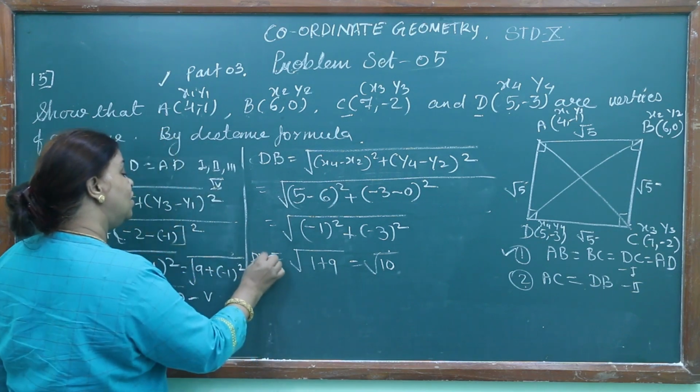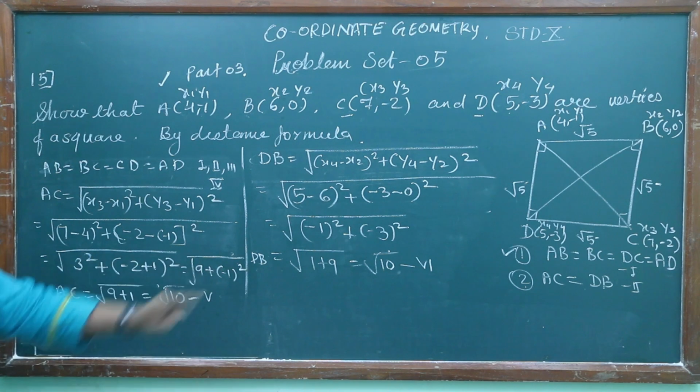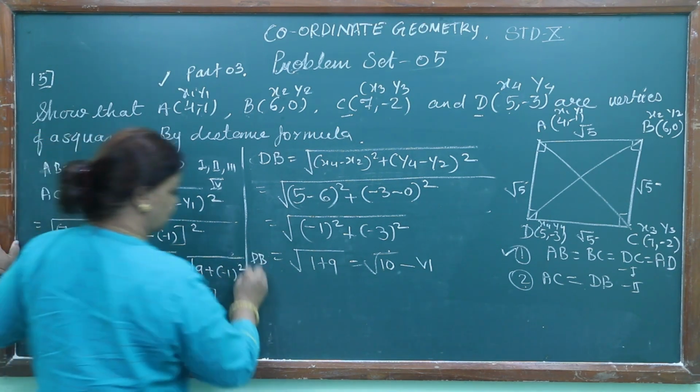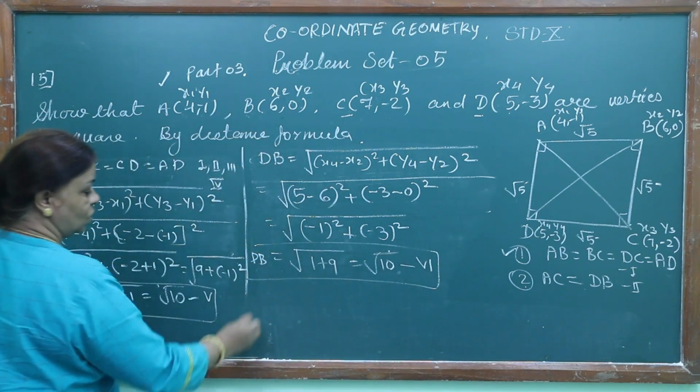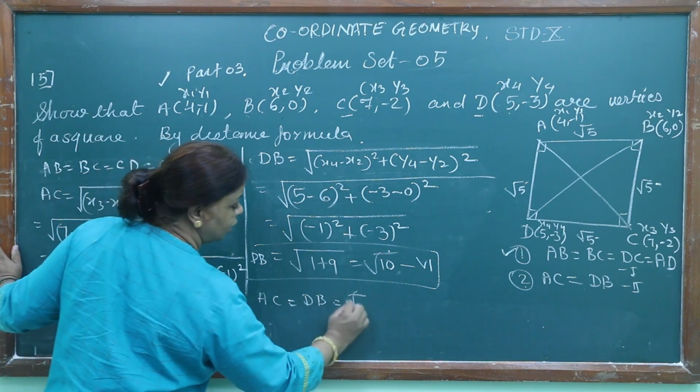So even DB we got, this is sixth. So from fifth and sixth we can say AC is equal to DB is equal to under root 10.